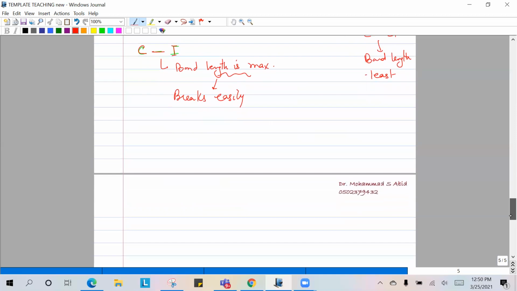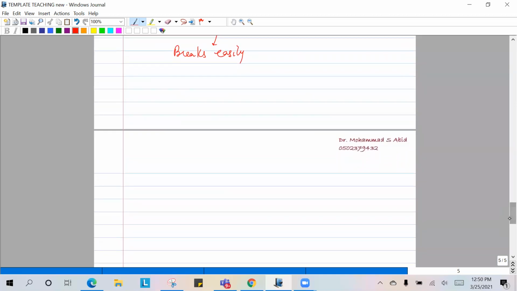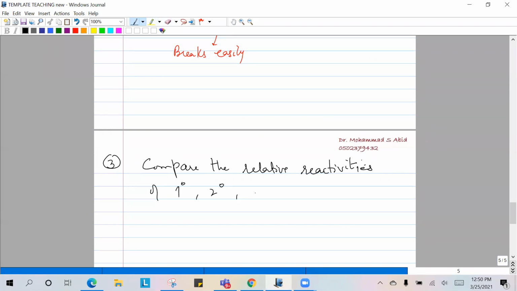the iodo appeared quickly. Now the third possibility is you wanted to compare the relative reactivities of primary, secondary, and tertiary haloalkane.